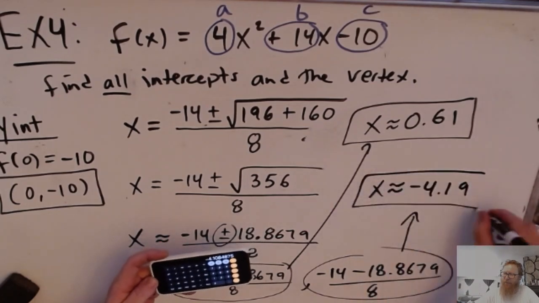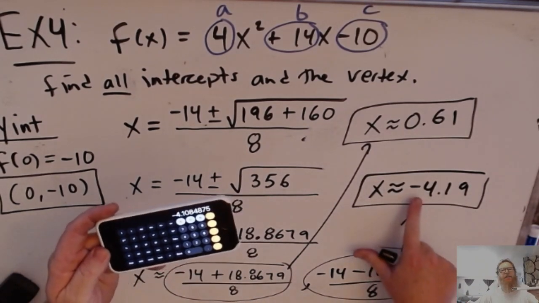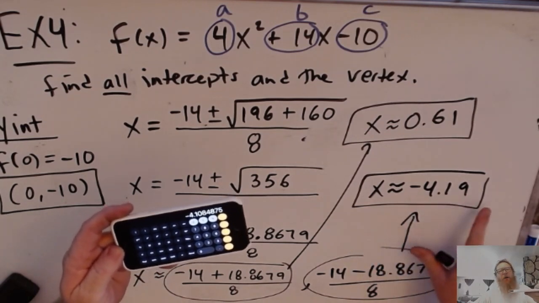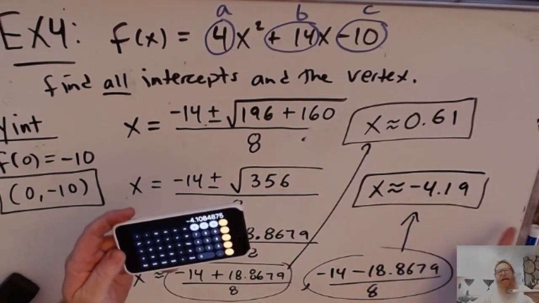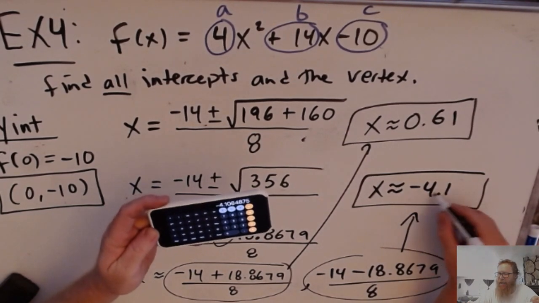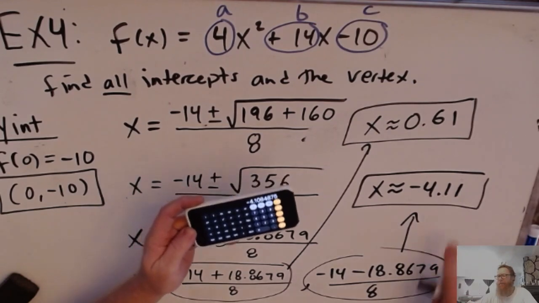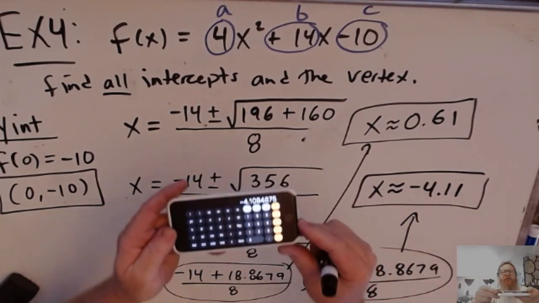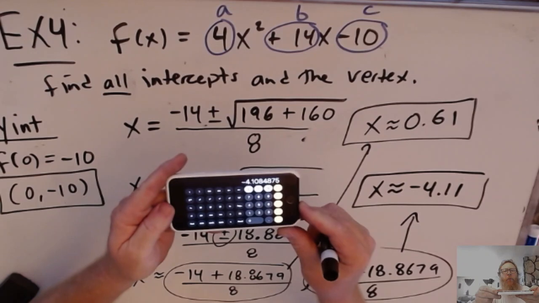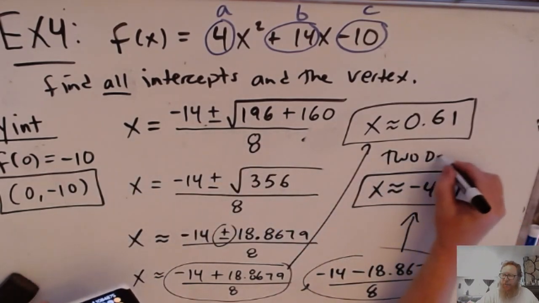And I'm rounding to 2 decimal places. So this is negative 4.108. So the 8 is going to round that up to negative 4.11. It was 4.108, so I rounded that. All right, 2 decimal places.